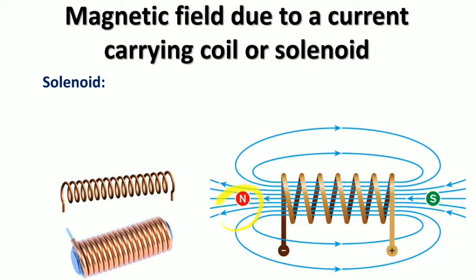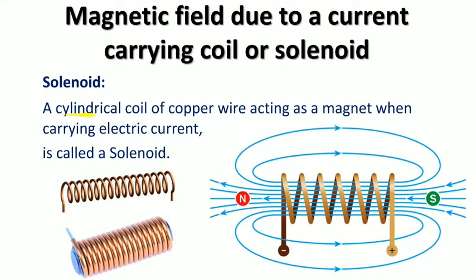That's why we say that when a cylindrical coil of insulated copper wire is supplied with a current, then the magnetic field is produced, and this device is called a solenoid. So how we will define the solenoid? A cylindrical coil of copper wire acting as a magnet when carrying electric current is called a solenoid.